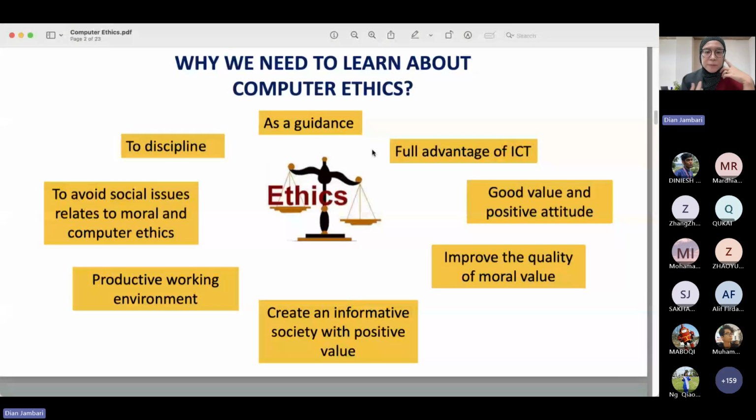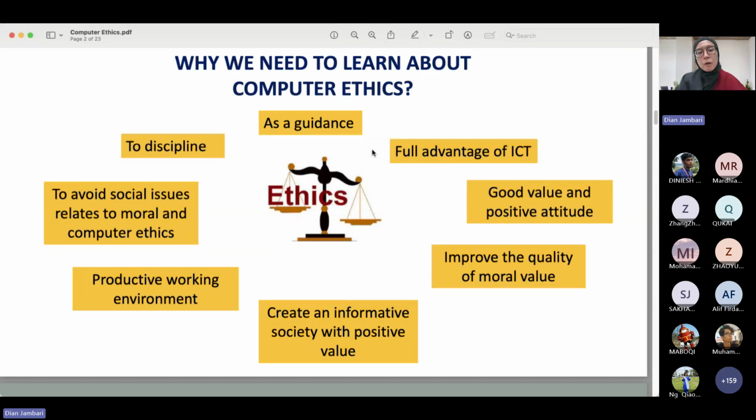We need some form of guide to make sure that we fulfill that instinct of our moral value, but with much more focus and design in the perspective of computing. So we need that as a guide.